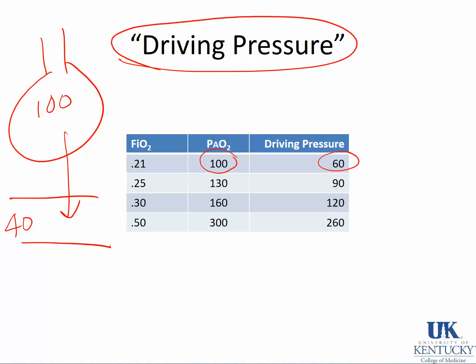But if you stop and think about this, if all you do is put the patient on 30% oxygen, that driving pressure has gone from 60 to 120 millimeters of mercury.